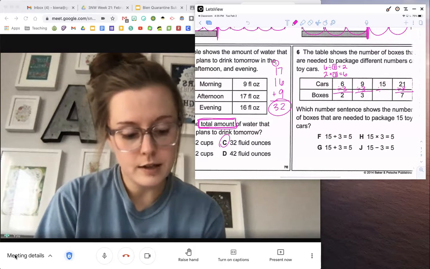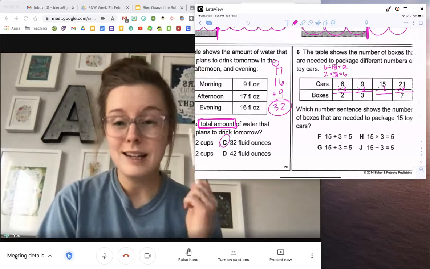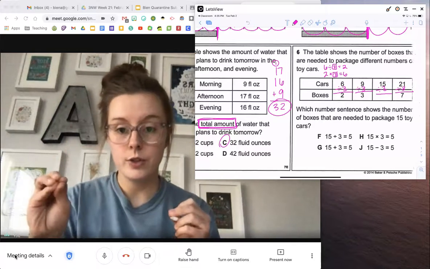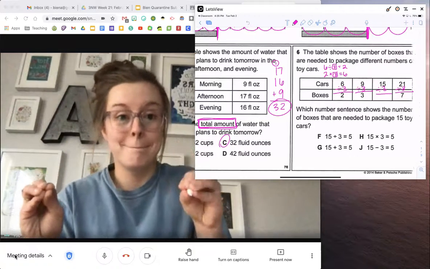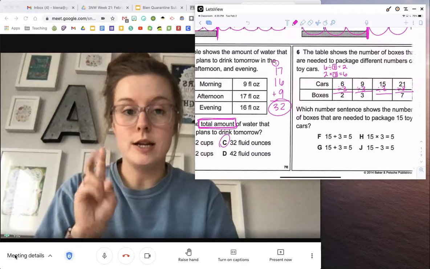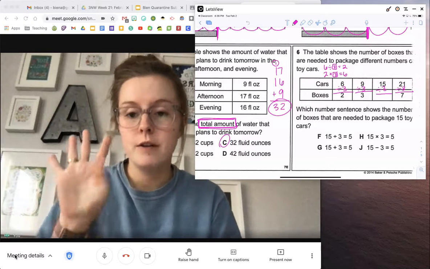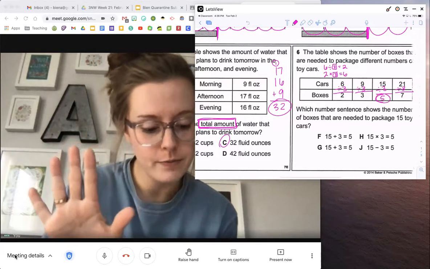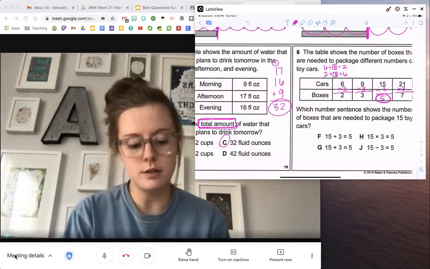So 15 divided by 3. So I need to think about my fact families there. If you don't know it, go 3, 6, 9, 12, 15. So 5. So now let's look at our answer choices.